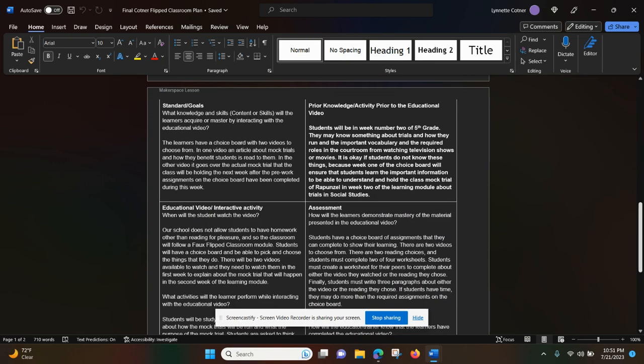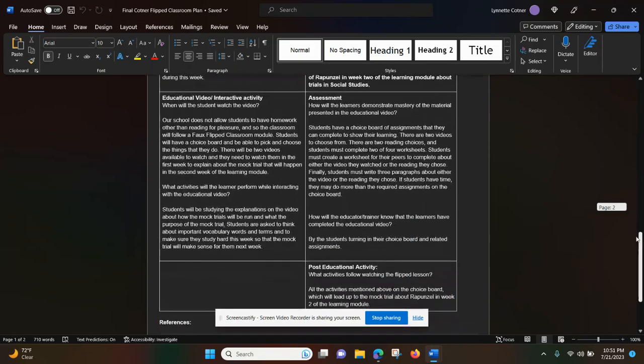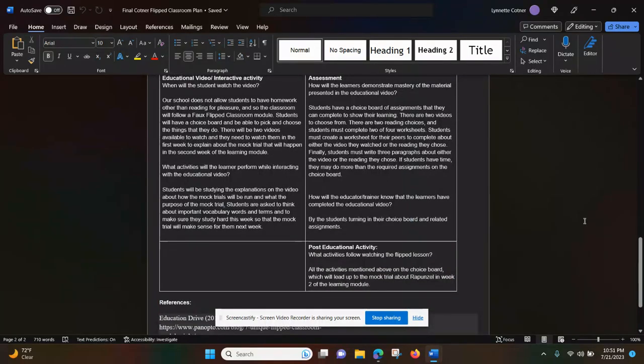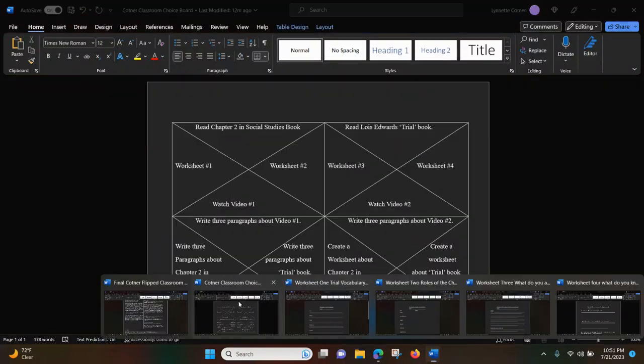They may know something about trials from possible TV shows or movies, but I don't expect them to know a lot, and that is why this choice board is so important, because they will fill in a lot of gaps and they will have a lot of learning by doing and completing the assignments on the choice board. And they will need to be doing it in class. And so I will explain with the choice board what I mean.